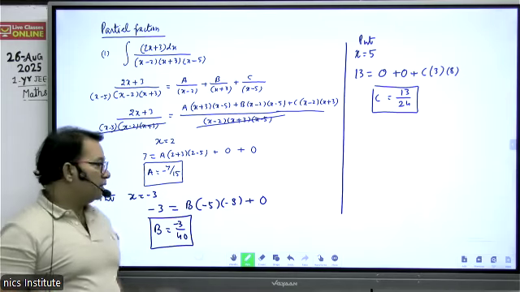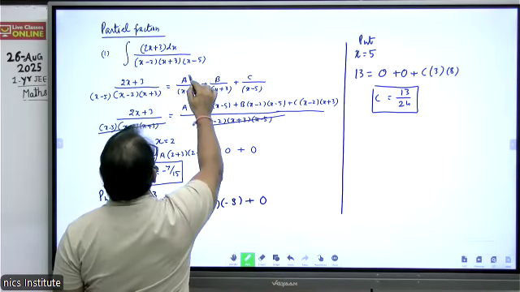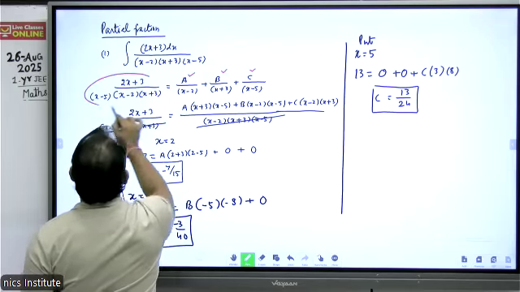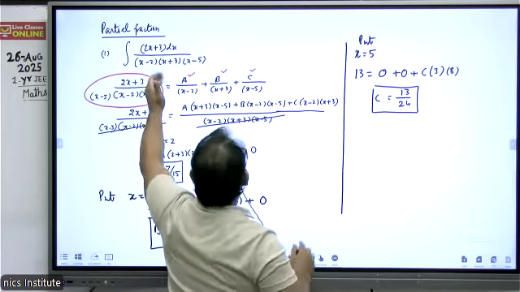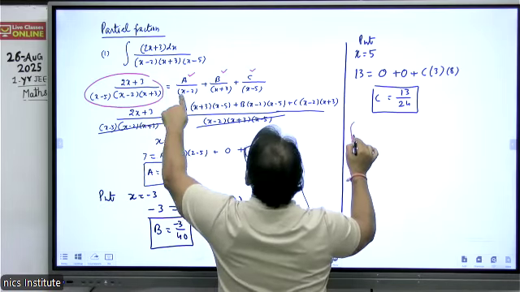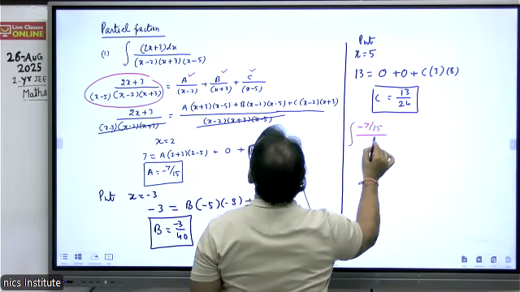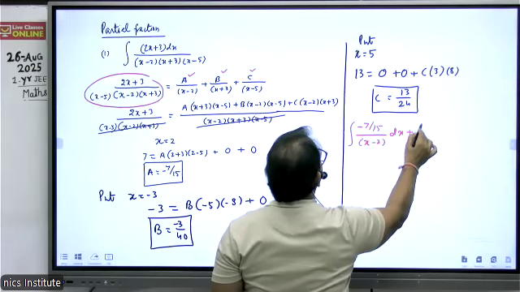But this ABC you replace over here. This, and this. The entire integration. This is the integration. So this is equivalent to this. So your integral now reduces to A is -7/15 divided by x minus 2 dx.